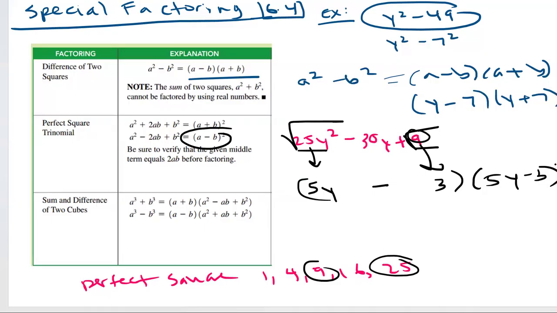All right, and then I can rewrite this as 5y minus 3 raised to the second power. So as long as the first term and last term are perfect squares, then we're able to use the perfect square trinomial formula.